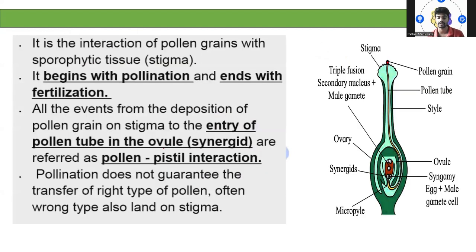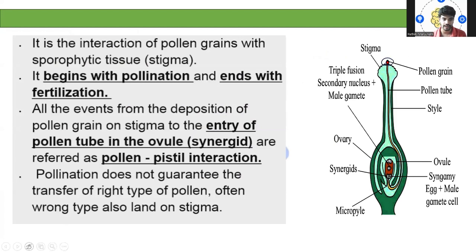So after this, now what happens? The pollen grain has been transferred on the stigma now. As you can see, the pollen grain has been transferred on the stigma.